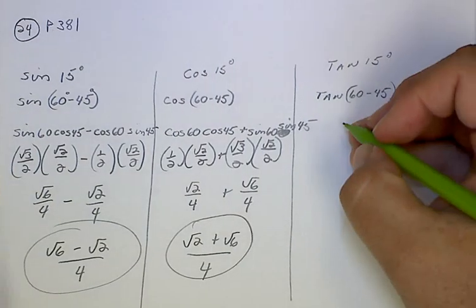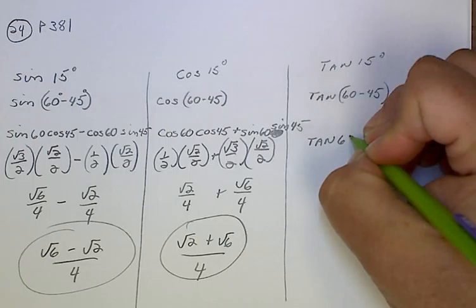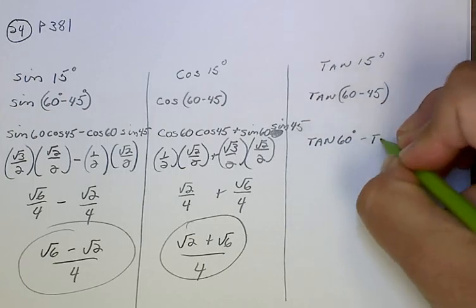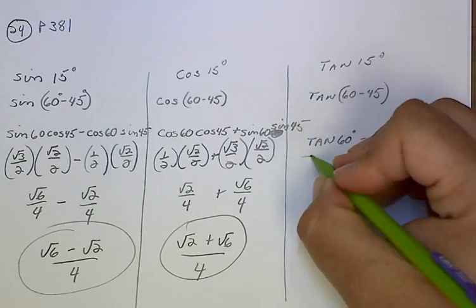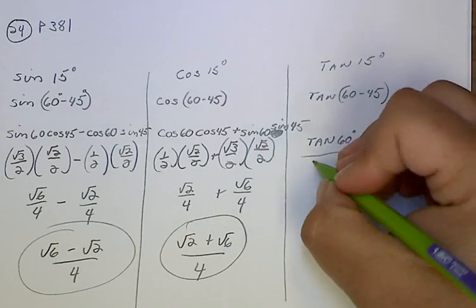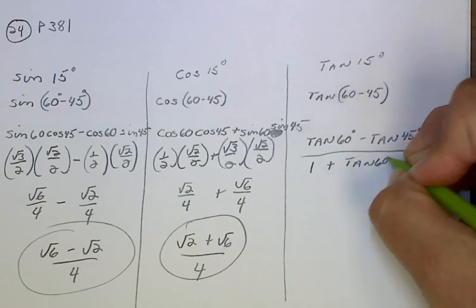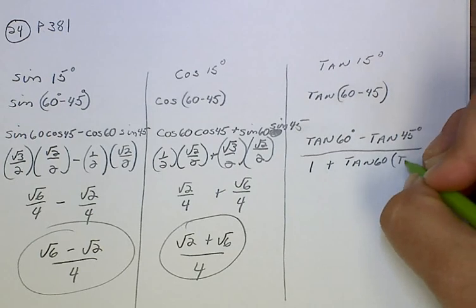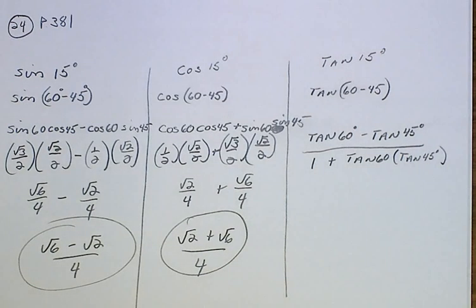Tangent's a little bit different, but we go tangent of 60 degrees minus the tangent of the second one, 45 degrees, all over 1 plus the tangent of 60 times the tangent of 45. Now, tangent of 45 we have.